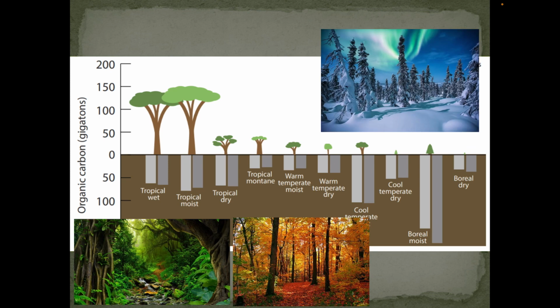Carbon stored in the soil is a different story for these forests. Boreal forests store the most in the soil at around 200 to 350 petrograms of carbon, while tropical forests store around 110 petrograms and temperate forests store around 75 petrograms.